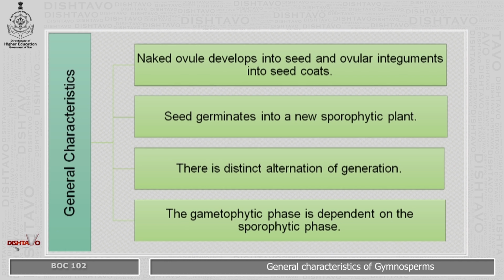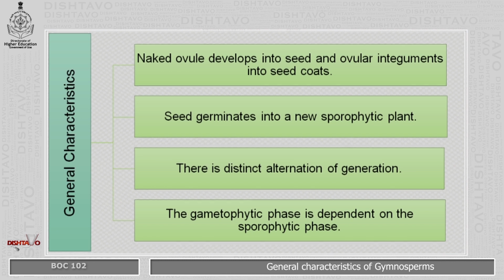Whenever the seed of the gymnosperm is sown in the soil, it germinates to give rise to a sporophytic generation or a sporophytic plant, that is, the roots, stem and leaves. As such, in gymnosperms, an alternation of generations is always seen. That is, there are two generations, the sporophytic generation and the gametophytic generation.